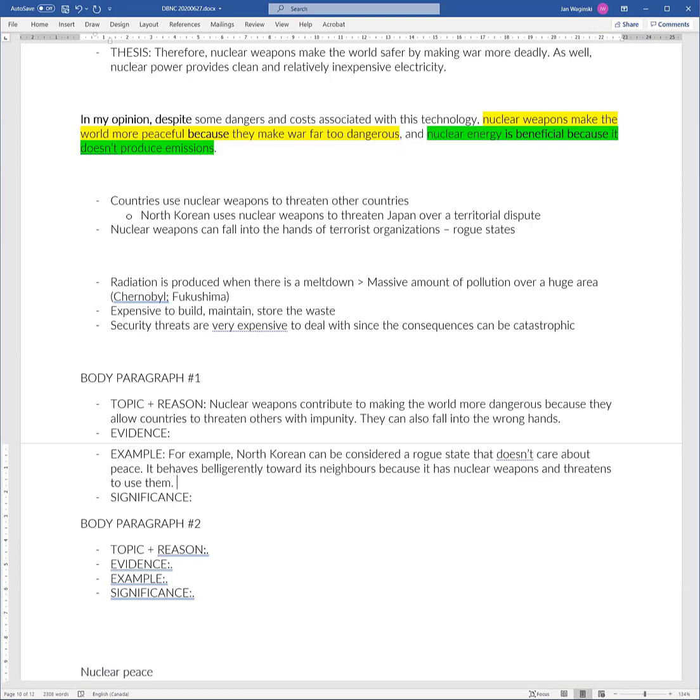Irrational, or no need to put it. Sure. This country is headed by an irrational ruler.